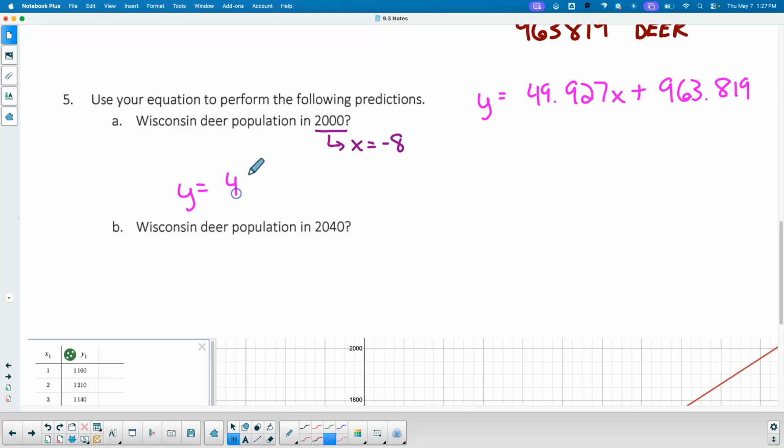Y equals 49.927 times -8 plus 963.819. Probably going to need a calculator. 49.927 times -8 gets me that, then plus 963.819, I get 564.403.